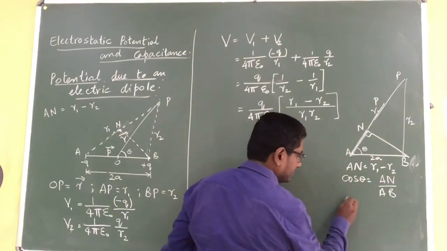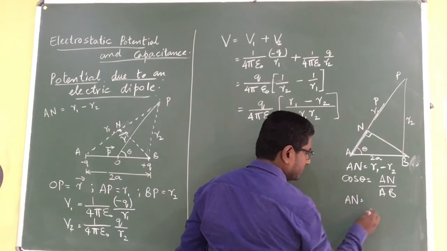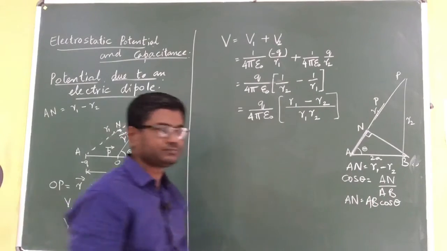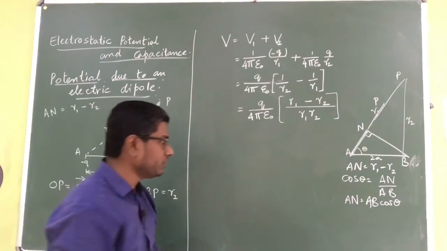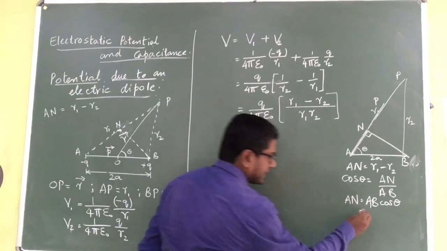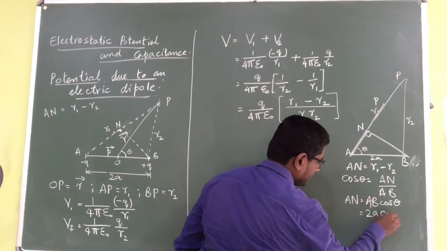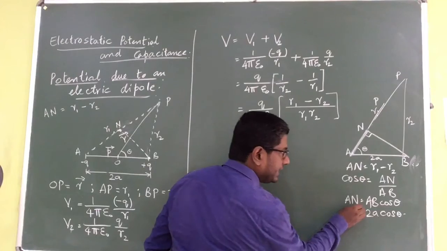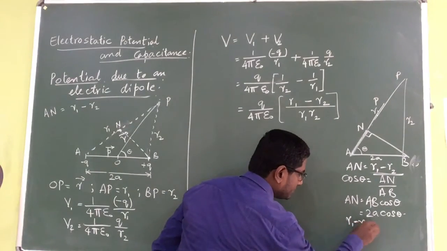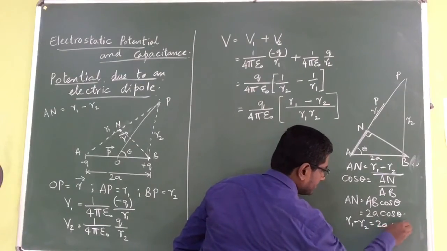I want AN. AN will be equal to AB cos theta. Now what is the value of AB? We know from this diagram it is 2A. So I am going to write that as 2A cos theta. Now what was my AN? It was R1 minus R2. So I can write R1 minus R2 equals 2A cos theta.